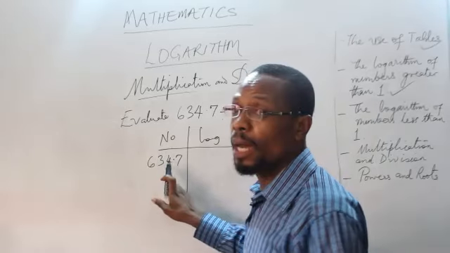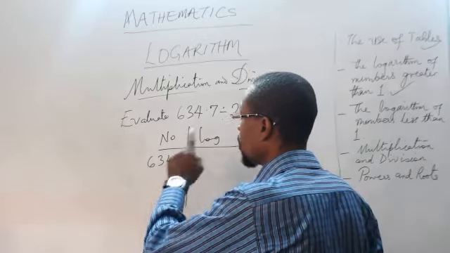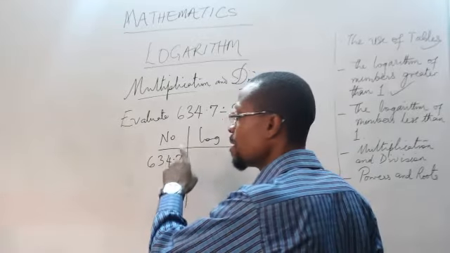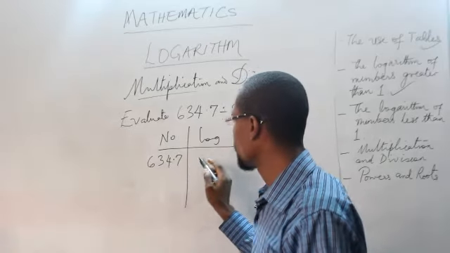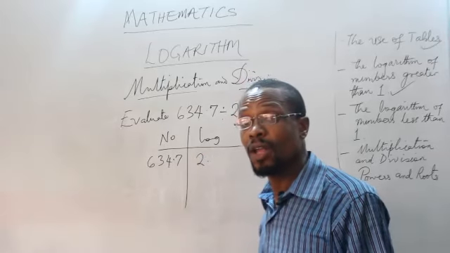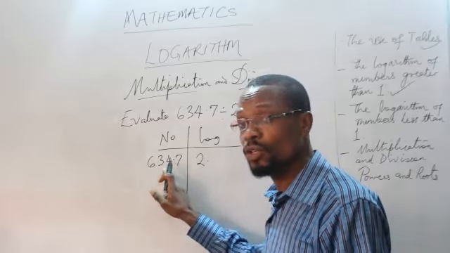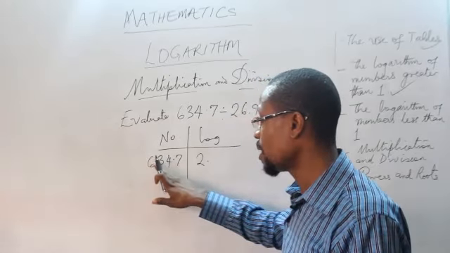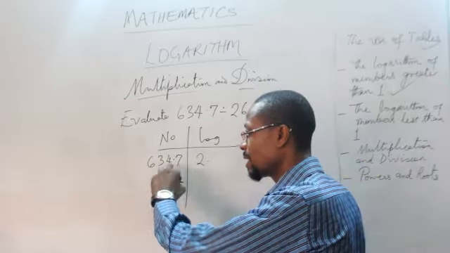Now, our number is 634.7. And the characteristic is 2. In logarithm, the characteristic is 2. That is 3 minus 1, because the whole number part has 3 digits.